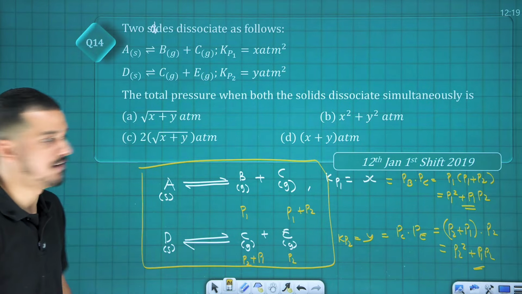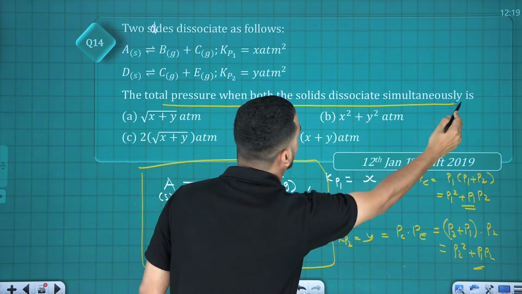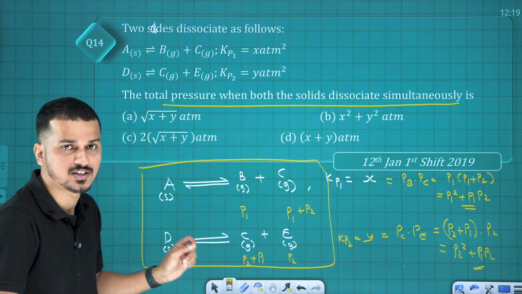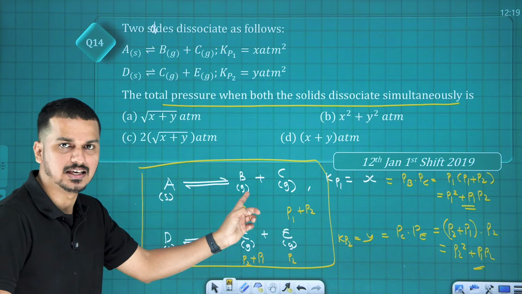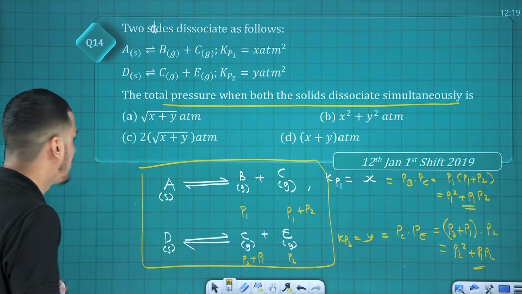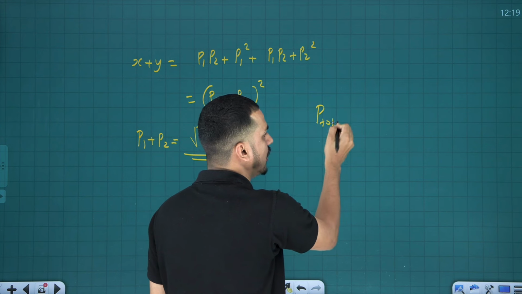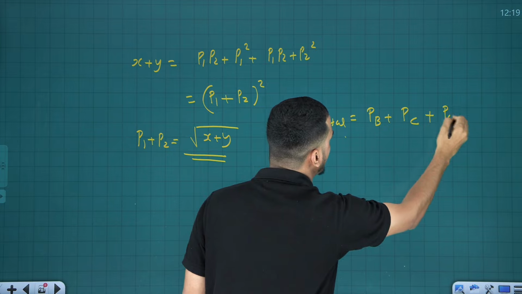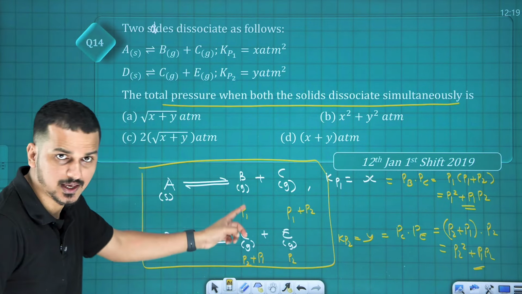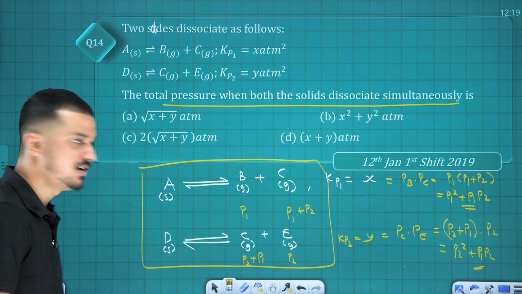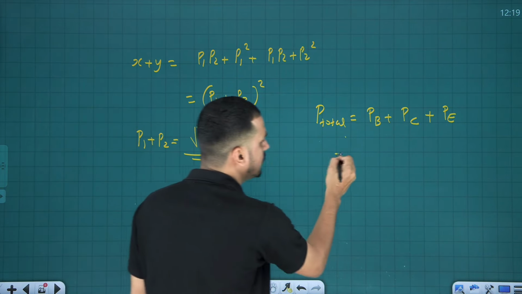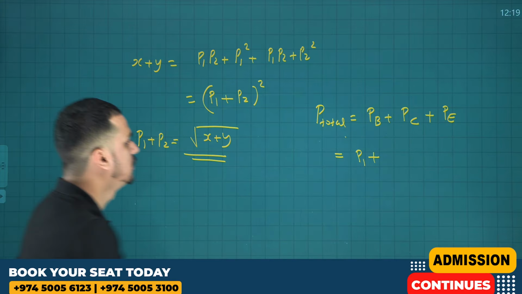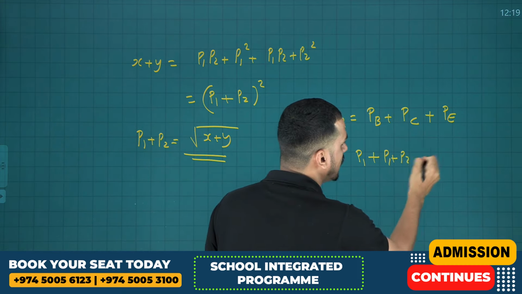But our question is the total pressure when both the solids dissociate simultaneously. When both are dissociating simultaneously, in that cylinder B is there, C is there as well as E. Then what's the total pressure? P total equals partial pressure of B plus partial pressure of C plus partial pressure of E. Partial pressure of B is P1, partial pressure of C is P1 plus P2, and partial pressure of E is P2.